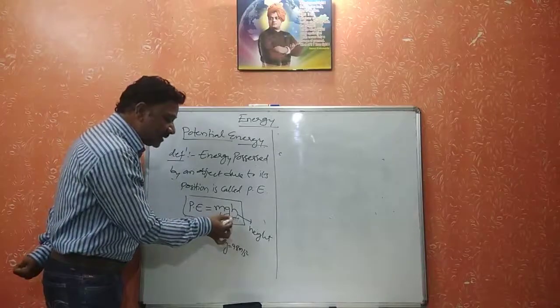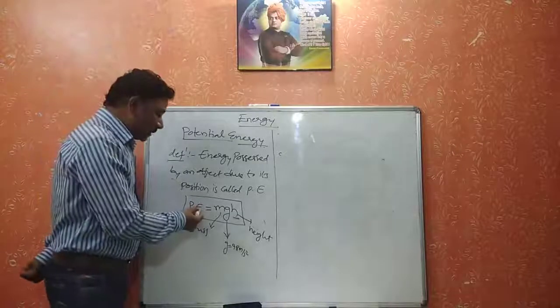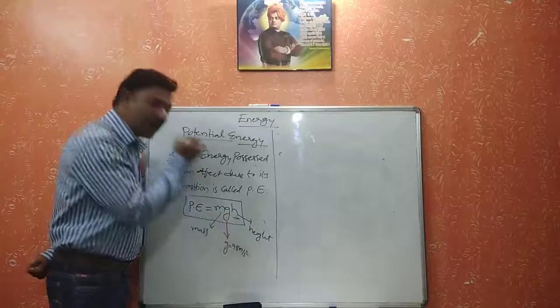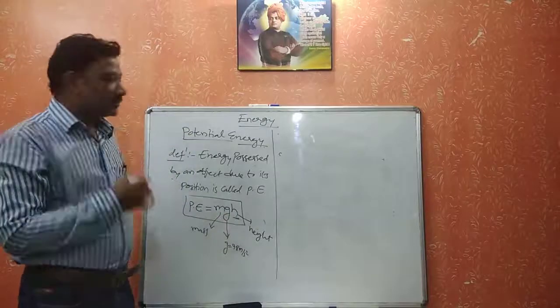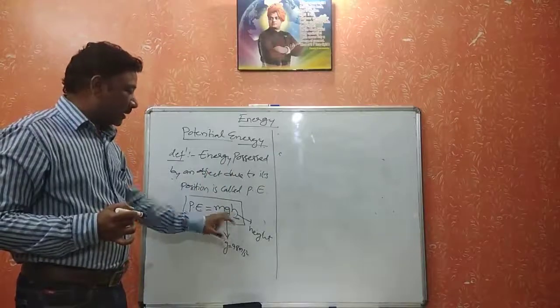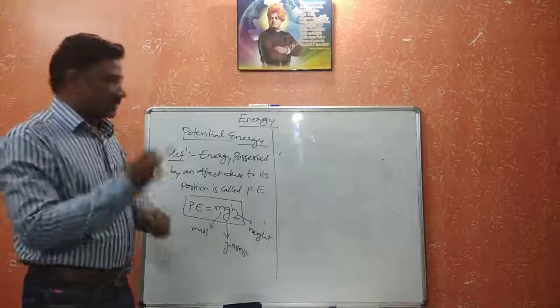Only the height value is changing. That means the potential energy of an object mainly depends on the height of the object. When the height of the object changes, immediately the potential energy possessed by the object also changes.